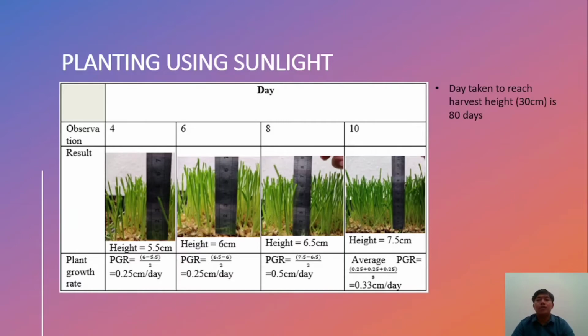So the average plant growth rate is 0.33 cm. So for the harvest height, fodder can be harvested when it reaches 30 cm. So from the 7.5 cm, from the first day, it took 80 days for this planting to reach the 30 cm height.